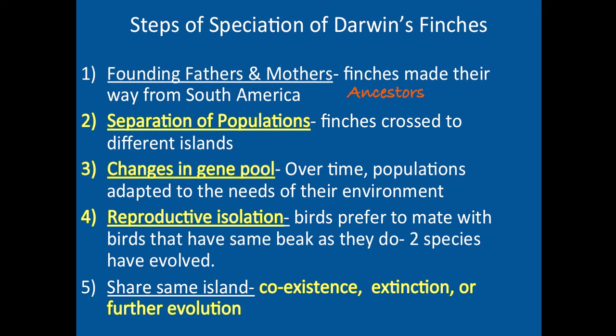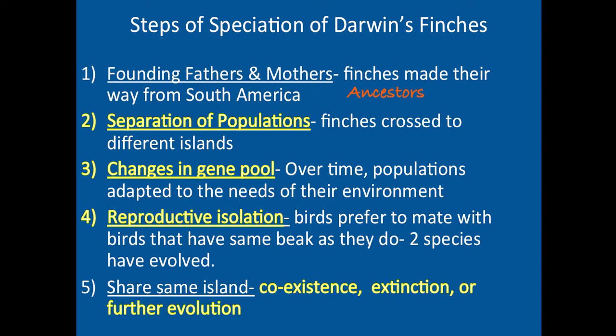So they're not going to mate with a bird that's more adapted to eating fruit if they're an insect eater. The beak shape looks so different now that they do not recognize the other as part of their species, as even a mating option. So this would be a prezygotic speciation, because it's before the zygote forms if they're not mating.